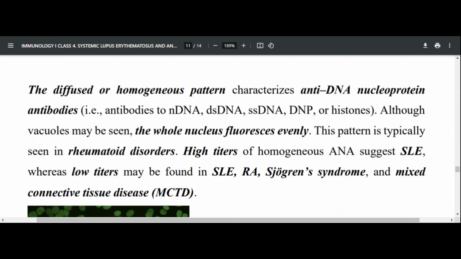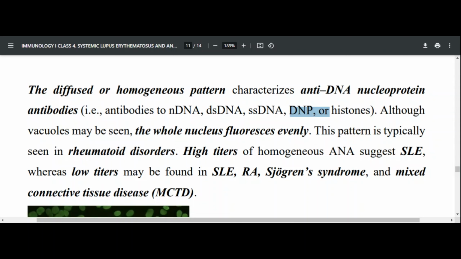Even though vacuoles may sometimes be seen, the whole nucleus fluoresces evenly, because DNA is almost all over the nucleus, and depending on the second protein, deoxyribonucleoprotein and histones, these are proteins. So they are detected all over the nucleus, and you will see the whole nucleus fluorescing evenly.